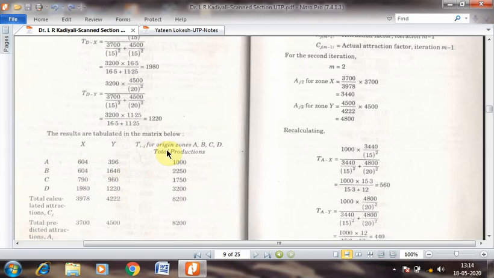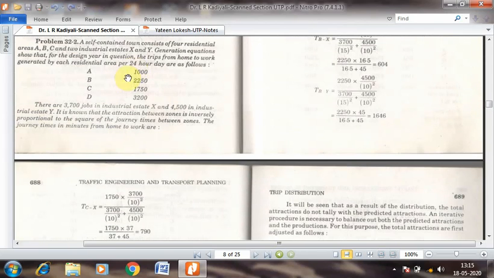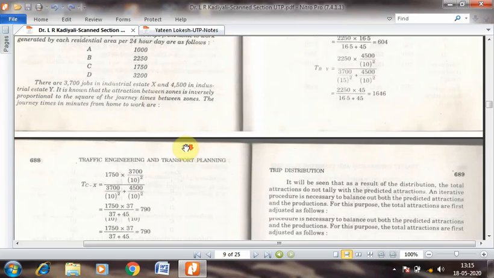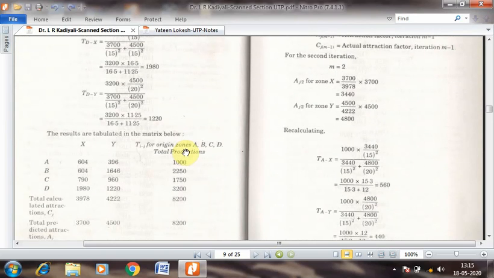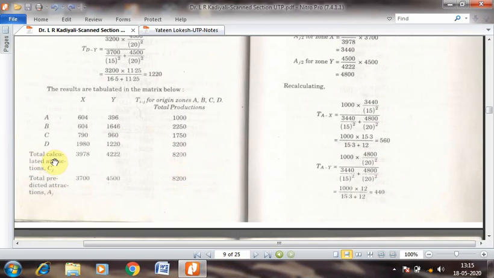you are expected to also introduce one more column here, which is the Tij for origin zones A, B, C, D, and then the total productions that are expected to happen. These trips are what need to be entered here, which will be given in the question. Then you need to add additional rows here.